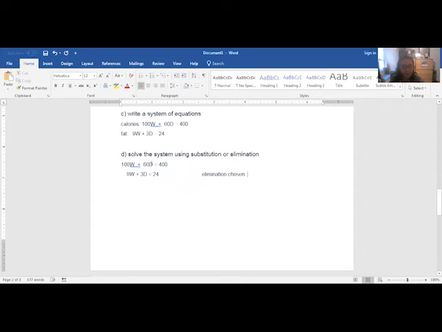In this case, I'm going to choose D because a positive 60D could be canceled with a negative 60D, and that's possible if I multiply my second equation by negative 20. Notice my top equation here hasn't changed. My second equation has been multiplied all the way through by negative 20. Negative 20 times 9, negative 20 times the 3, and negative 20 times the 24.